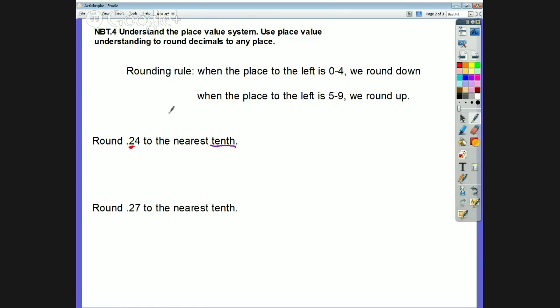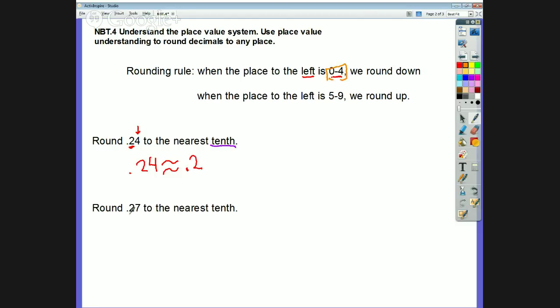Then we look at the next place over, and it's a 4. If we were to graph this, we would know it's closer to the lower tenth, so we round this down. 24 hundredths is rounded to 2 tenths. That's a situation where we're at 0 through 4, so we round down.